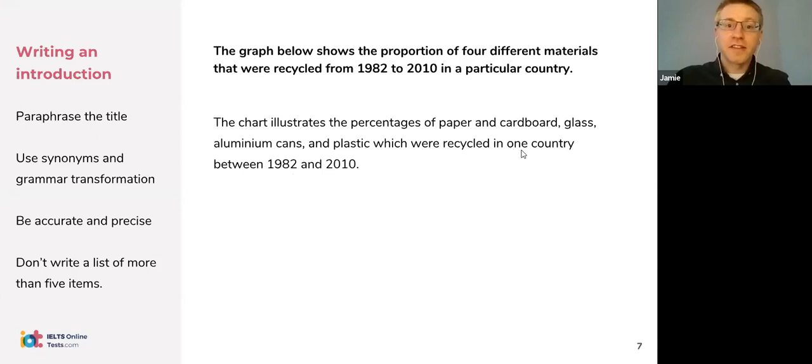Okay? You do not need to, and you should not, try to change every word. You don't need to paraphrase each word. But as long as you show that you have a bit of flexibility and that you're not just copying the original title, that will be absolutely fine.